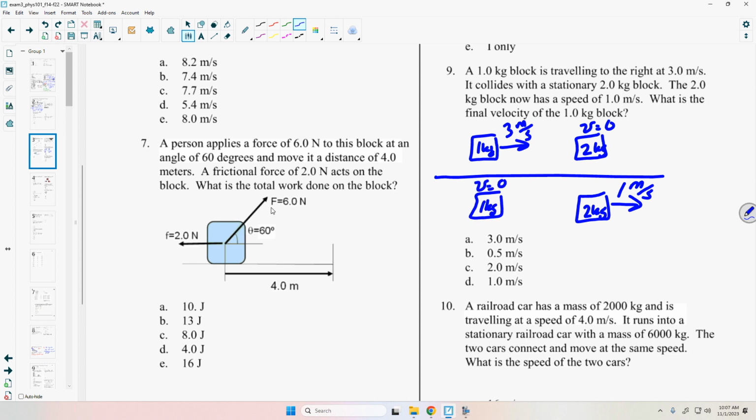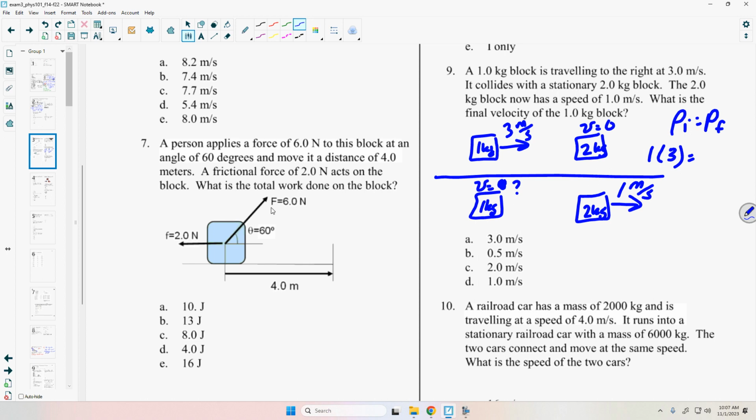All right? I say that the initial momentum is equal to the final momentum. That's going to be 1 times 3, m times v, is equal to, did I write that 0 there? No, this should have been a question mark right here.